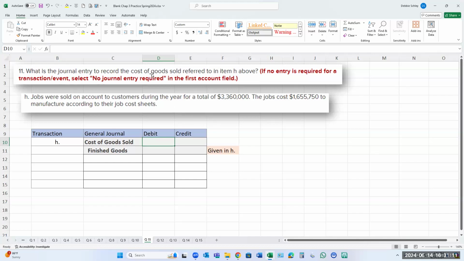So they're being asked to just record the cost of goods sold, not the sales. So cost of goods sold is a debit, and when I sell something, it comes out of finished goods as a credit.